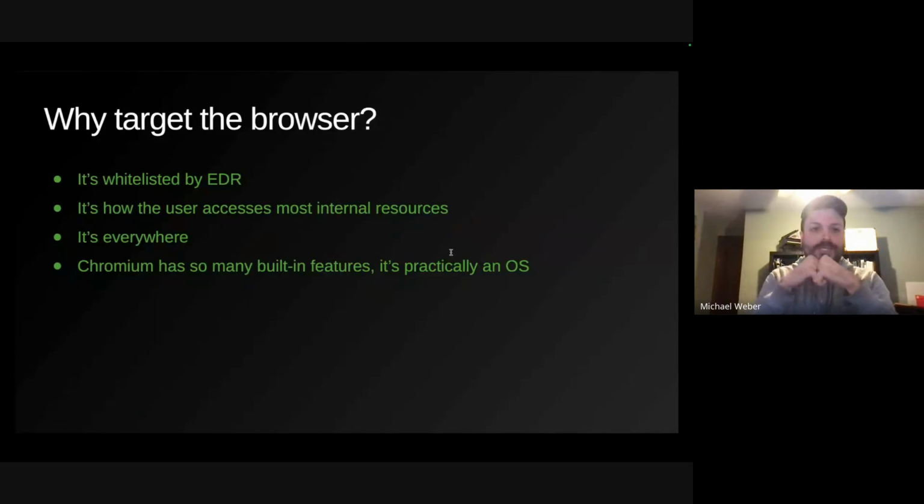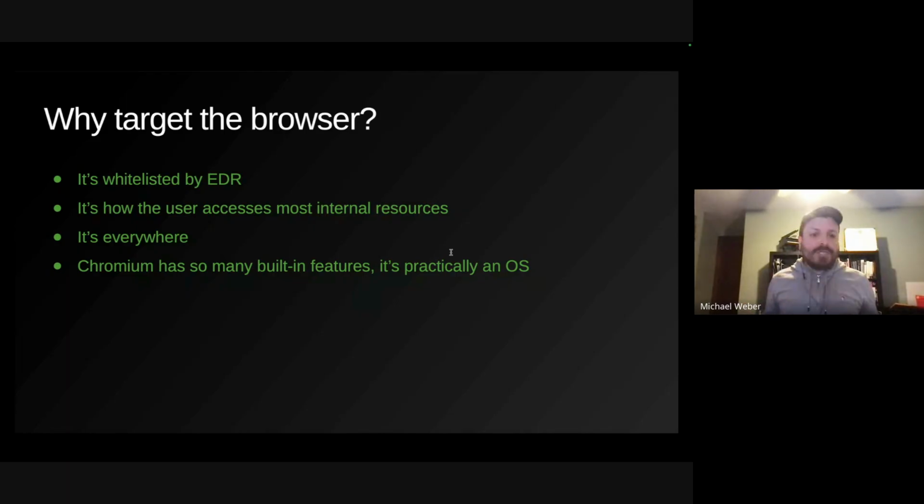So I probably don't need to tell you why the browser is important and why it's targeted by attackers. From a red team perspective, it's whitelisted by everything. People need to use the browser in order to access all of the fun internal resources that an attacker is really interested in, be it Google Workspace or Office 365 or whatever is the gateway to everything that we want to get our hands on.